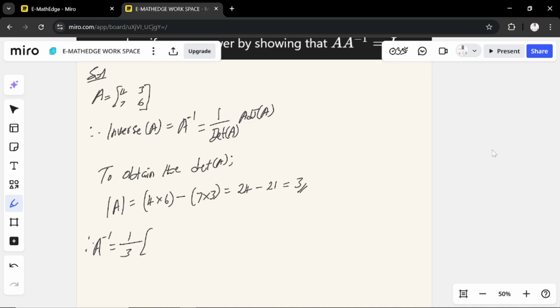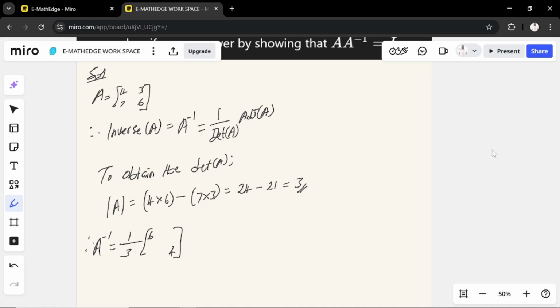For a 2 by 2 matrix, the simplest way to obtain the adjoint of a matrix is to observe the elements in the major diagonal, which is 4 and 6. So what you will do simply is to swap the elements in the major diagonal, which is going to give us 6 and 4, right?